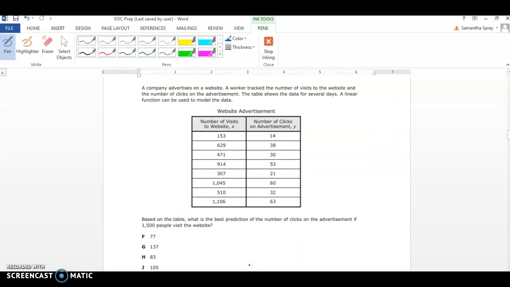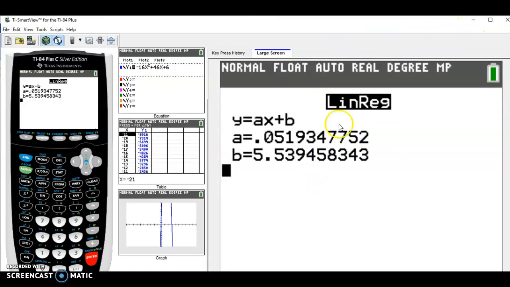So if my equation is y equals ax plus b, and a was 0.0519x plus b, which is 5.59. And this is our equation based on what the calculator gave us for that linear regression. All I did was plug in these values for A and B.